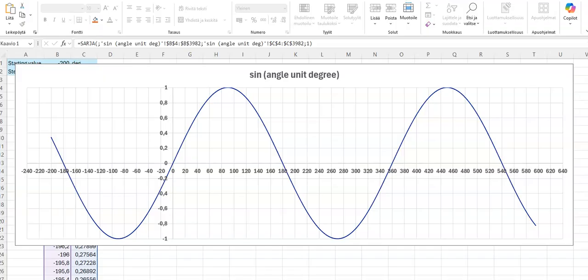I think I will end right now because we don't have so much time for the next example. Next time I will continue with these trigonometric equations, and I will take more complex equations.